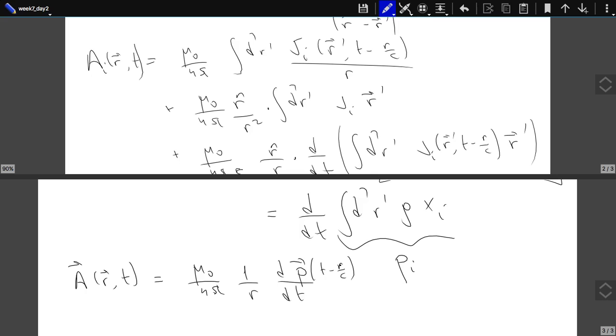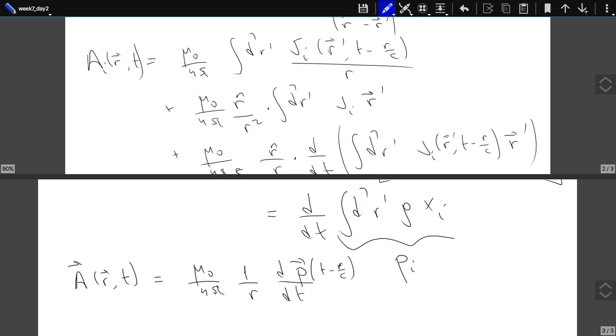It doesn't require a magnetic dipole moment. Now let's look at the other terms. Well, you see, this is the term that creates this electric dipole radiation.